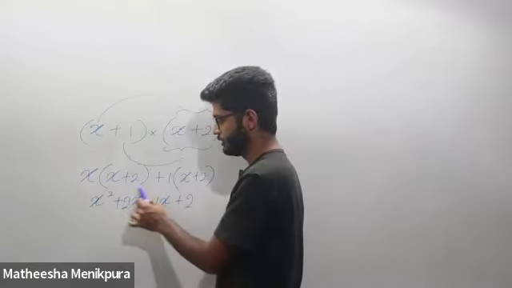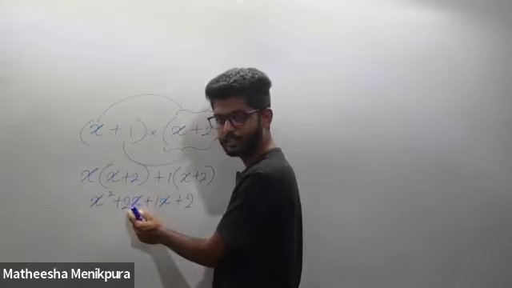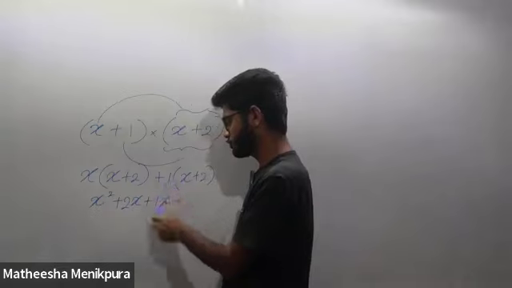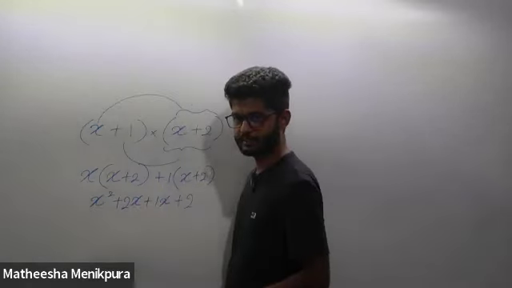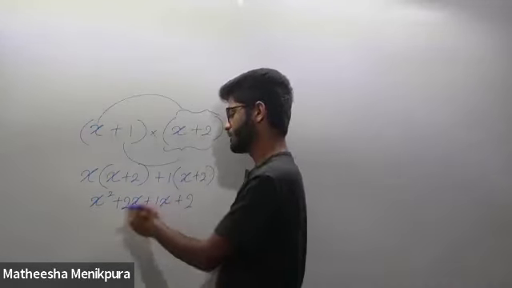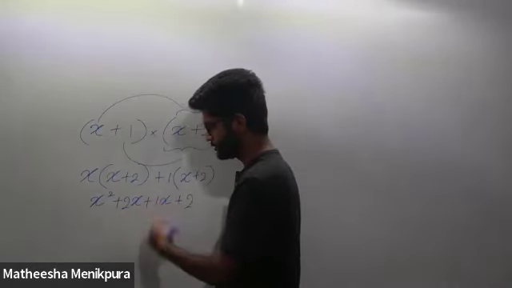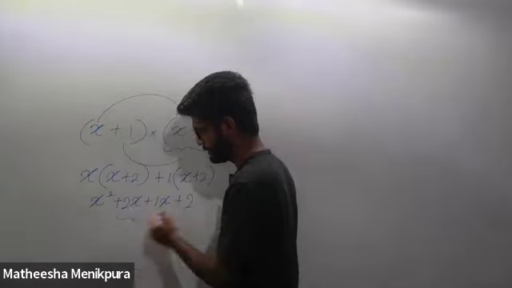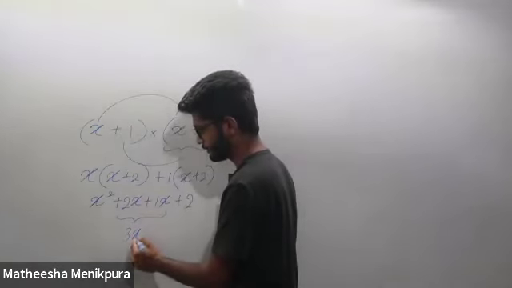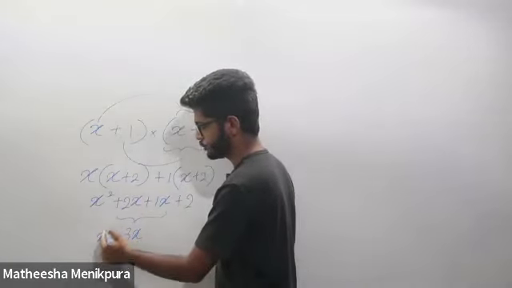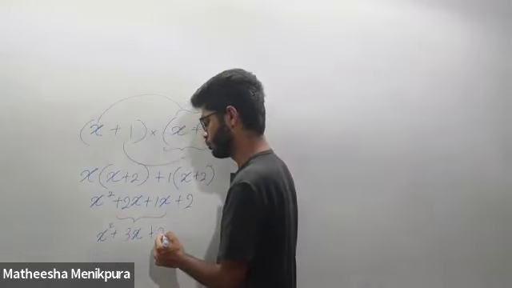Yes, in this term the algebraic part is x, and in this term also the algebraic part is x. So these two are like terms. We can add those two. 2x plus 1x is 3x, plus this x squared plus 2.